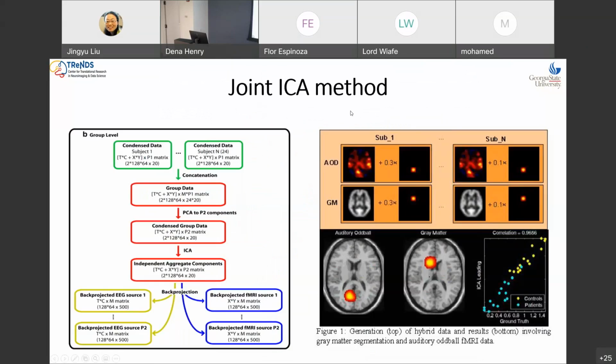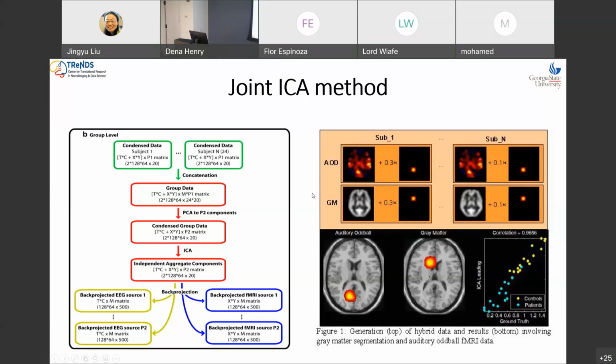Vince proposed this method early on. This method looks at two modalities, for example, functional and gray matter. For these two data modalities, the idea is that if there is a component in a particular location, and a gray matter component in a particular location, they vary coherently across subjects.